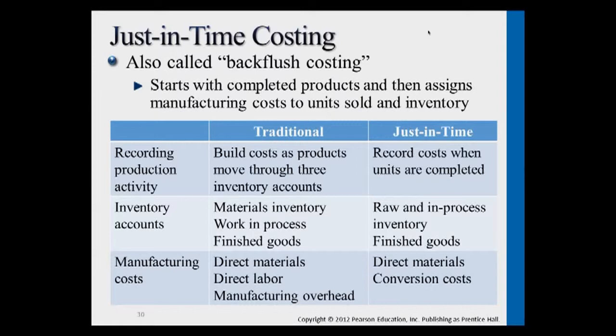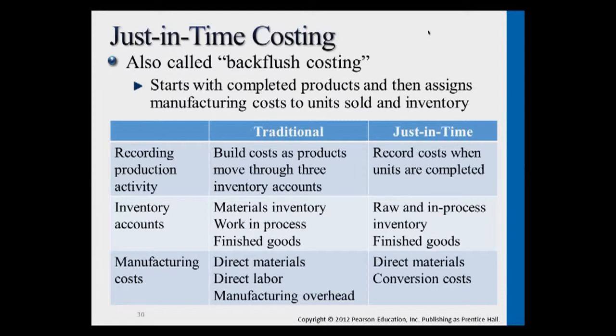Because it's a work cell. Everything is happening within just one work cell. In traditional, I have all these different departments and different accountable processes and so forth. With a work cell, in just-in-time, it's just one unit.